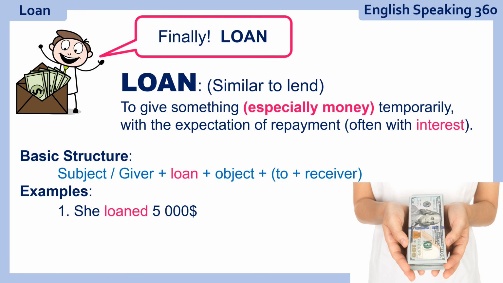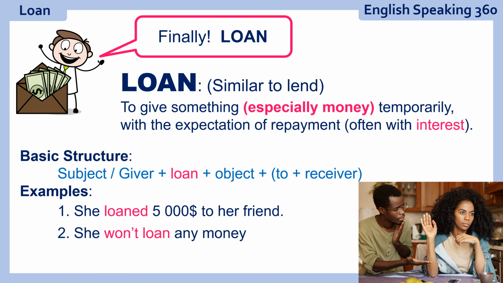She loaned $5,000. Great. So you see now the structure is the same as the structure for lend. The subject is the giver, and you can add "to" plus receiver at the end. So you could say she loaned $5,000 to her friend. Example 2. She won't loan any money.